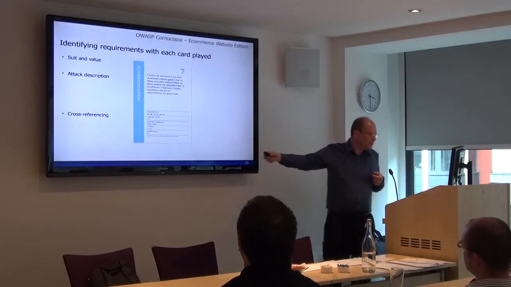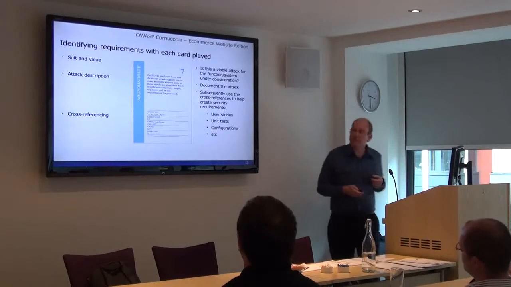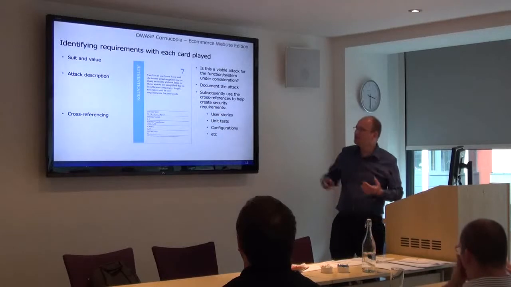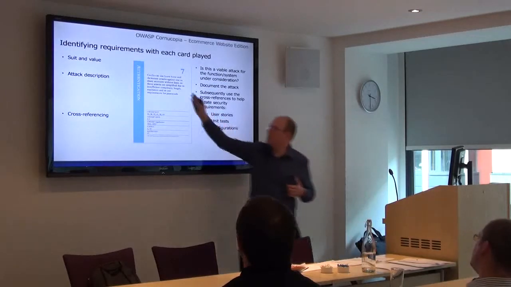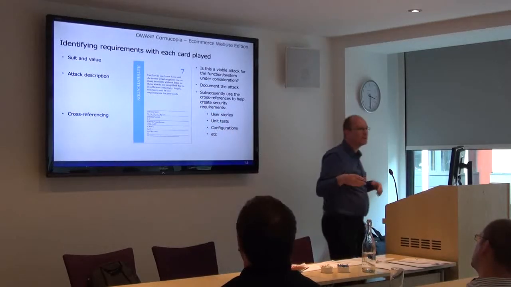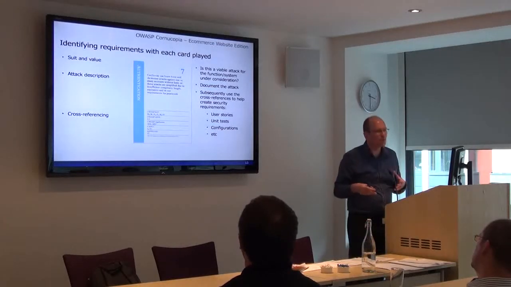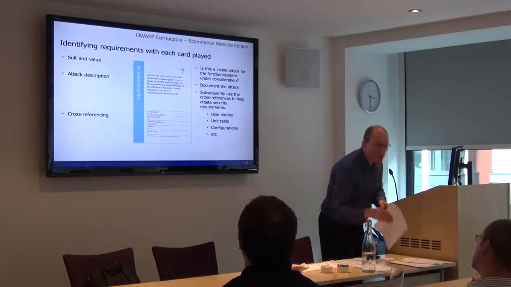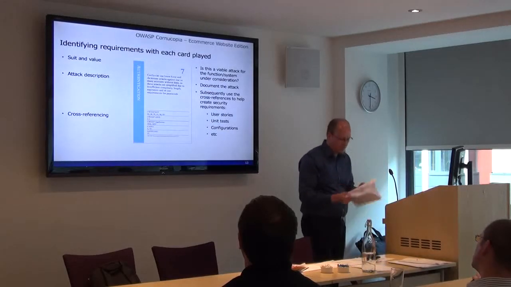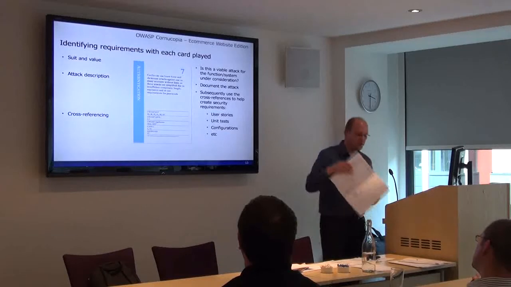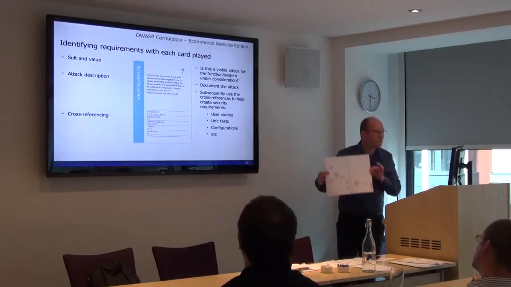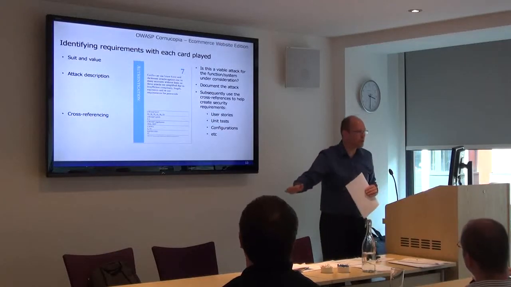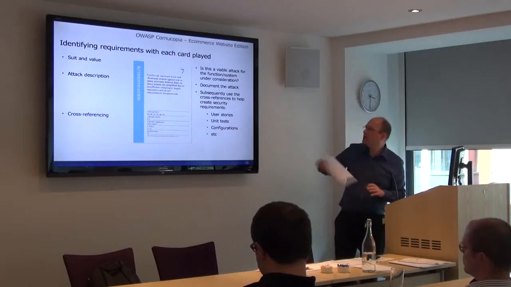Okay. So the purpose is that when you get a card, it's your time to play. What you've got to do is to understand this and determine whether it is a viable attack against whatever it is you're analysing at the time. So you might have a module, a piece of code. You might be early in your processes, and you might just have some data flow diagrams or some architectural arrangements or something. Okay, you do this more than once through the process.